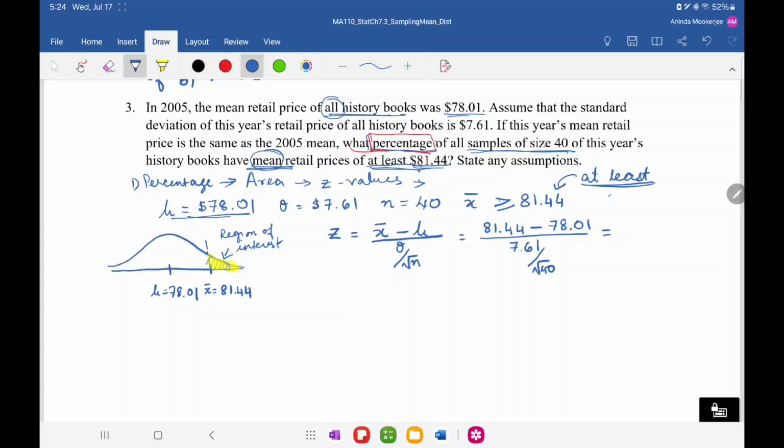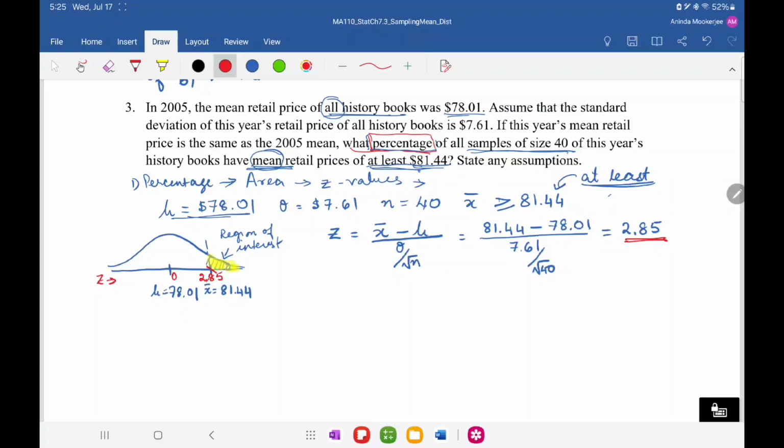So when you do this calculation, we should come up with a z value of 2.85. So in the same diagram, I'm going to now show the z values corresponding to mu, the population mean. At the center will have a z value of 0, and this point on the right hand side corresponding to 81.44 is going to be the z value that we just found here, that's 2.85.